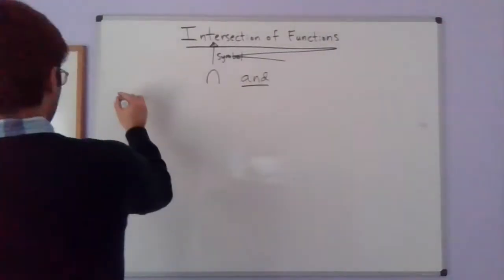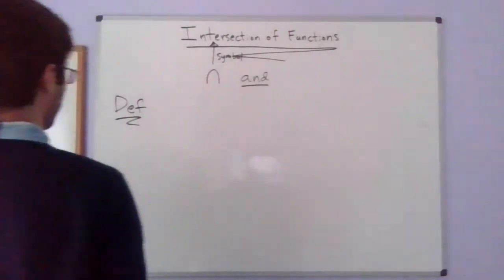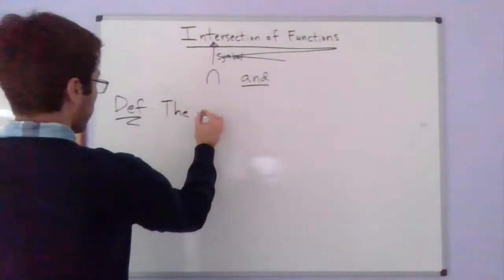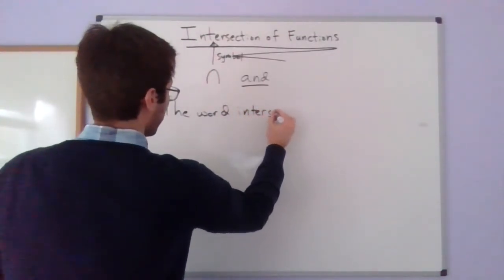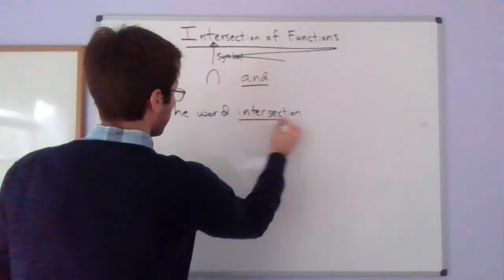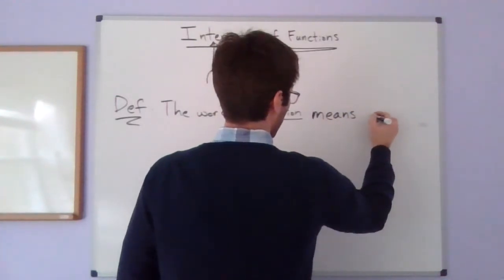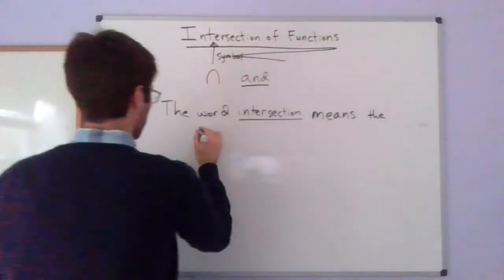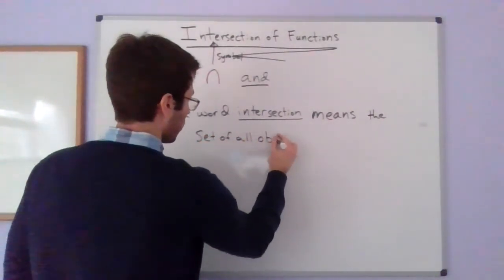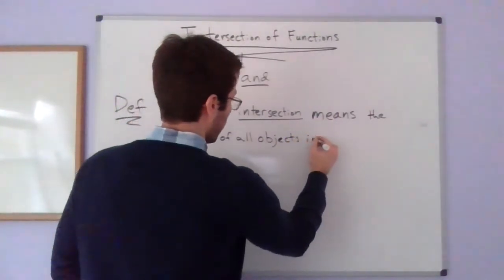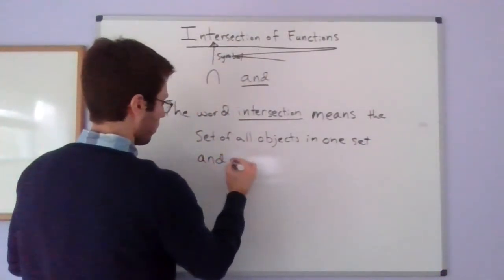As in all math topics, this is a new one, so it requires a definition. The word intersection means the set of all objects in one set and another.